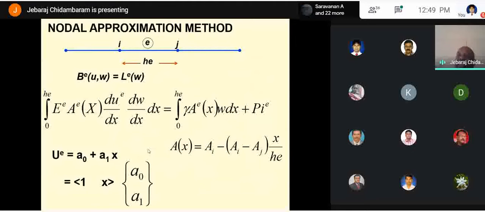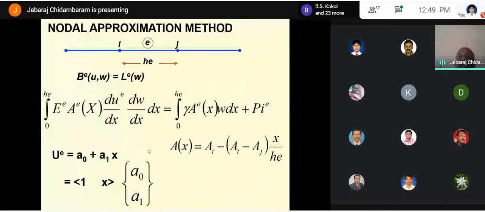If I'm going to say that it is under equilibrium, every element is under equilibrium. You cannot say one element is under equilibrium, another element is not under equilibrium. No, every element is under equilibrium. So I'm writing now the equilibrium equation for one element whose length is h e.